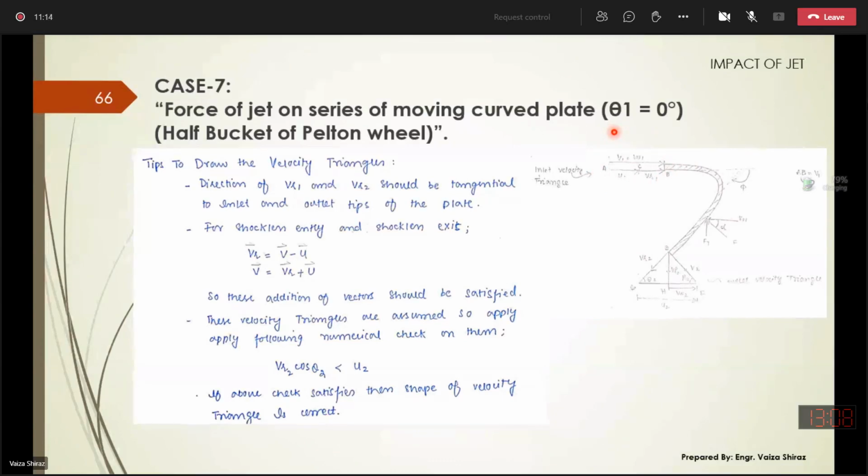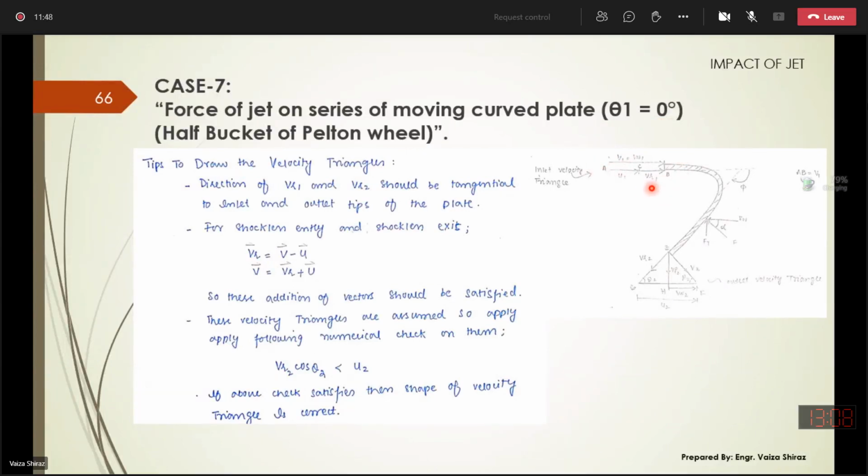Basically it is a triangular pattern, but it is modified because of this angle theta 1 which is put as 0. If you put the angle as 0, obviously many of the components will become totally horizontal or vertical, depending on which angle you put as 0. In this case your theta 1 is put as 0, that is reducing your triangle into these lines. It will be clear to you from the further discussion. So that is why this triangle is reduced to these lines.